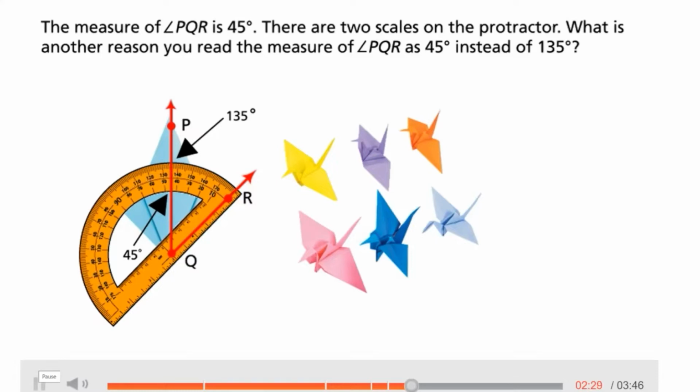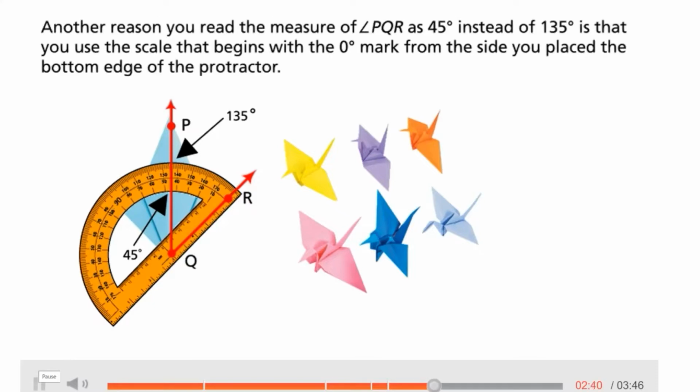What is another reason you read the measure of angle PQR as 45 degrees instead of 135 degrees? Another reason is that you use the scale that begins with the 0 degrees mark from the side you place the bottom edge of the protractor.